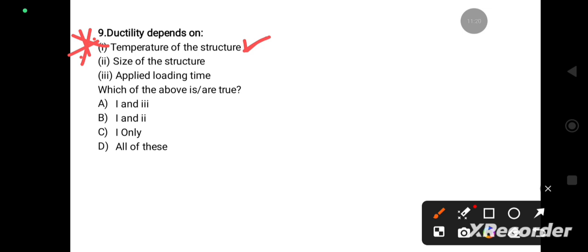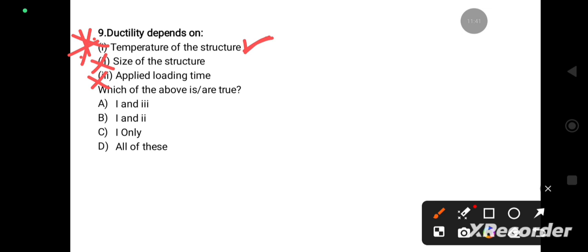You can see this in science activities from childhood. So ductility depends on temperature, and it does not depend on size or loading time.